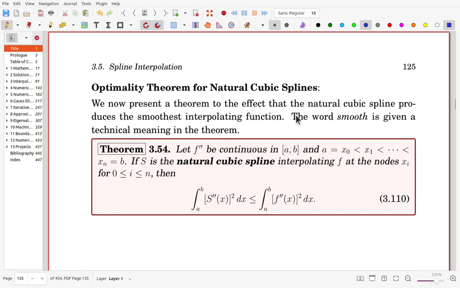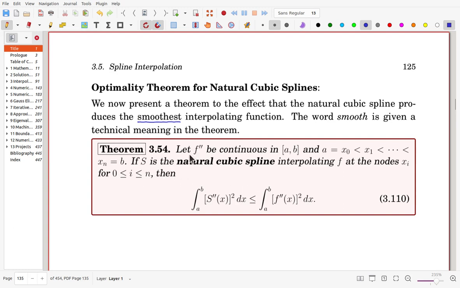Some people may say that the natural cubic spline produces the smoothest interpolating function. So you have to be very careful when you are using that word, smoothest. The word smooth is given along with some technical meaning presented in this theorem.